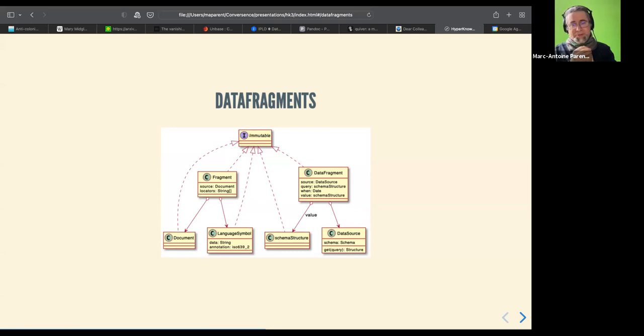And so a data fragment is saying, well, I did this query on this data source at that point in time, and I got that structure back. And that's a data fragment, which is an immutable, this thing happened. And what I'm trying to say is anything can be treated as immutable. Of course, not everything is immutable, but many things are immutable.